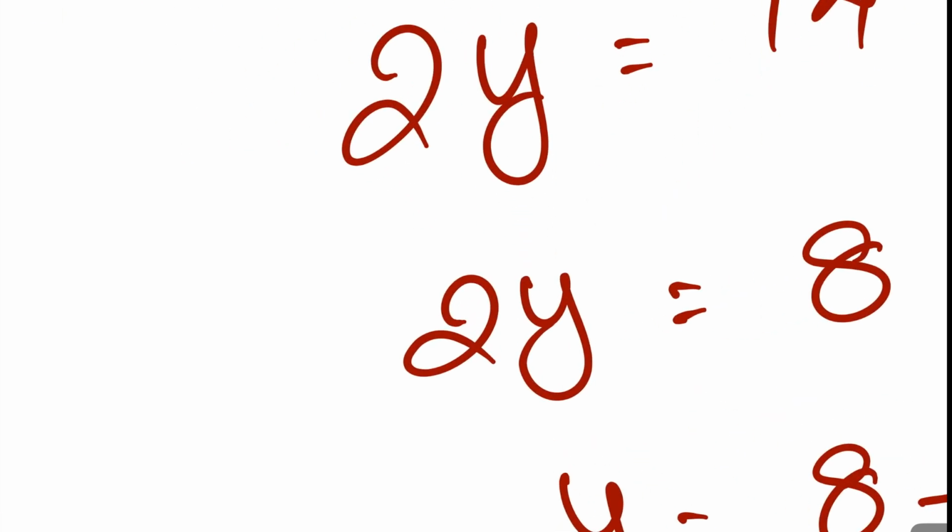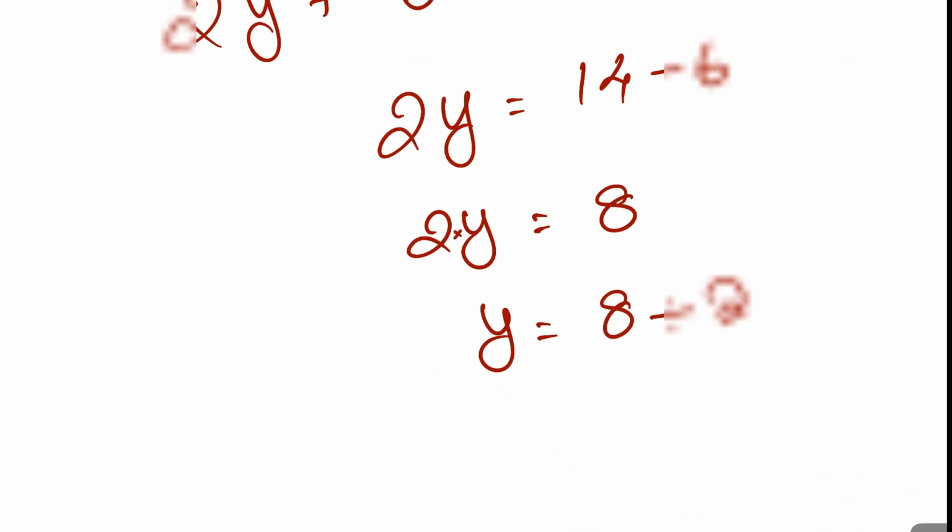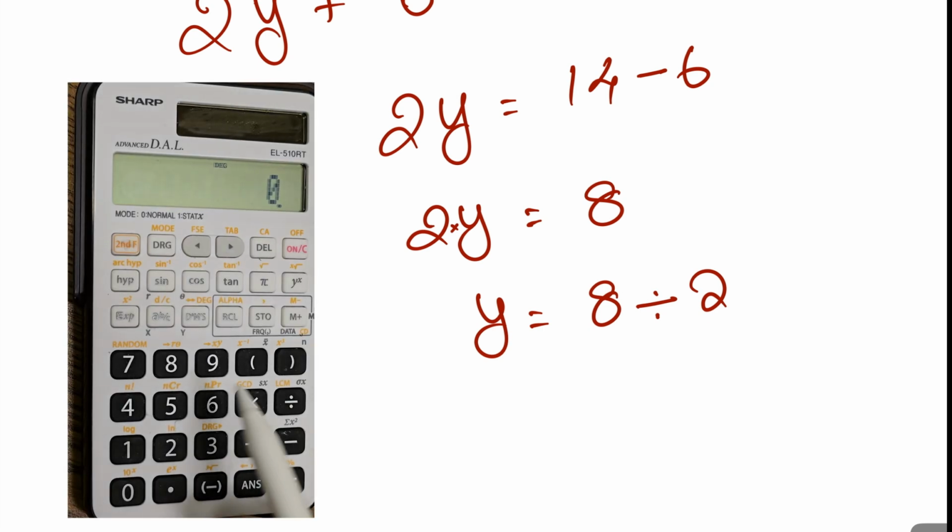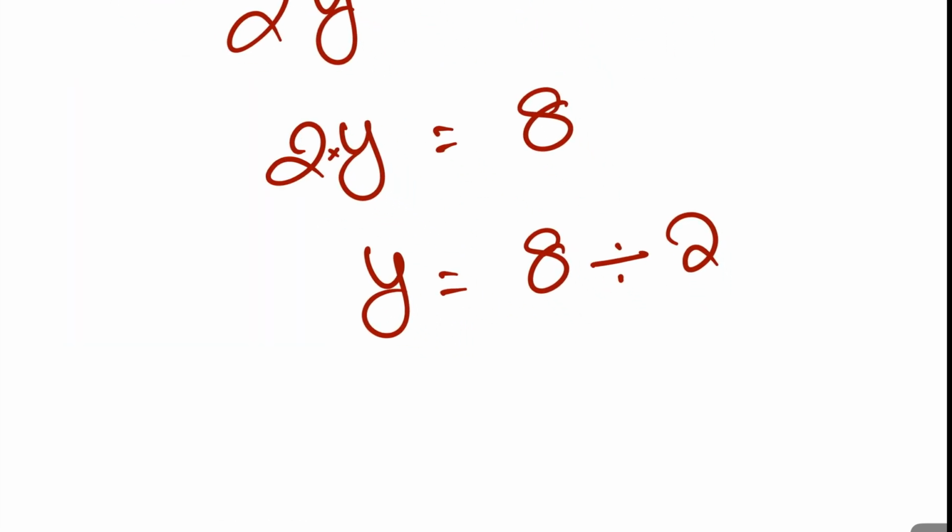Remember, there is an invisible multiplication sign in between 2 and y. So when 2 is going to the right hand side, that multiplication becomes division. So 8 divided by 2 equal 4.